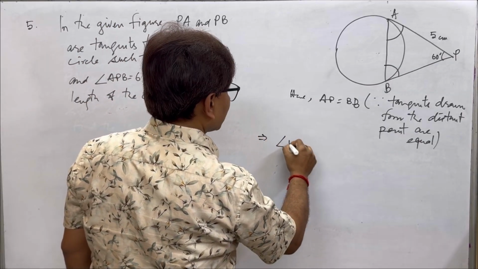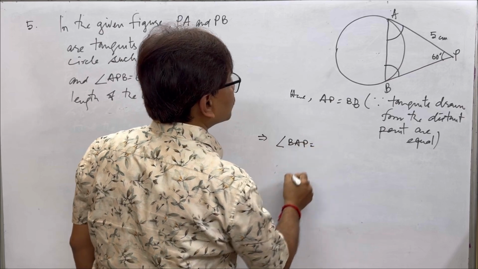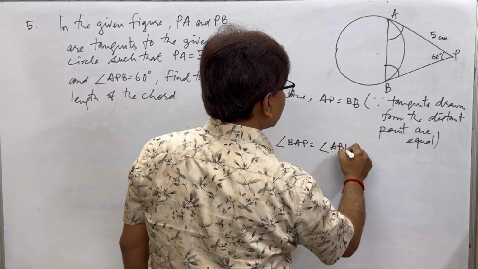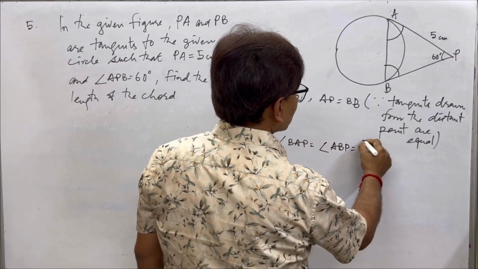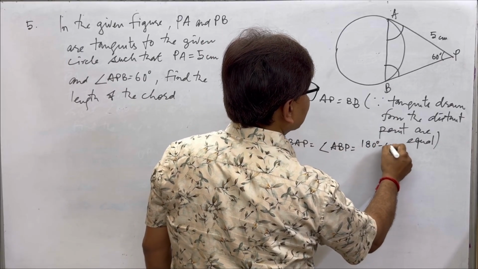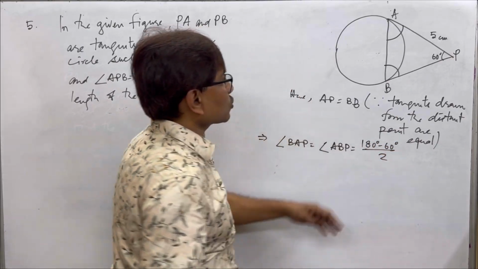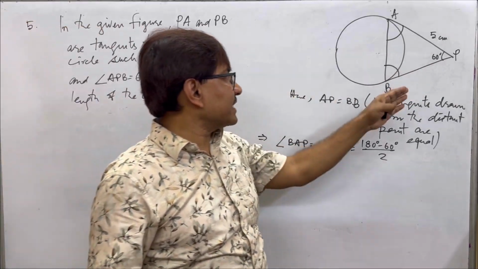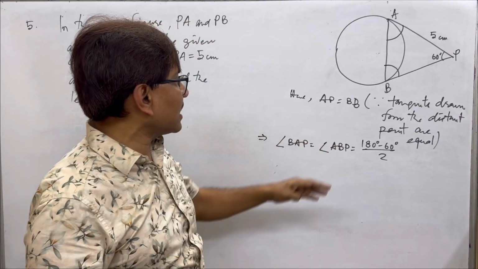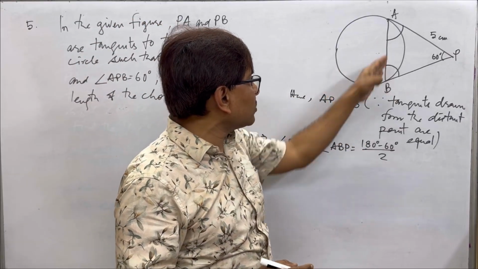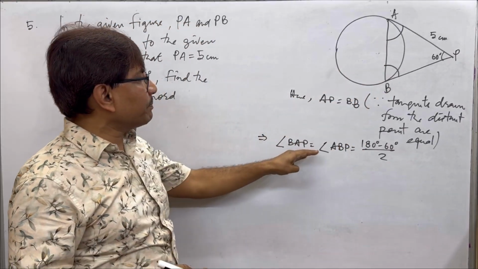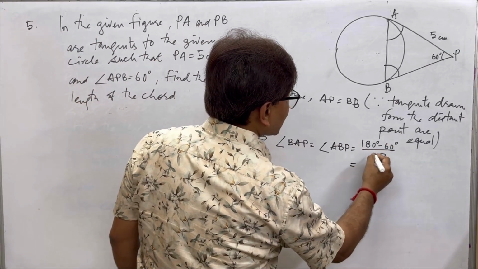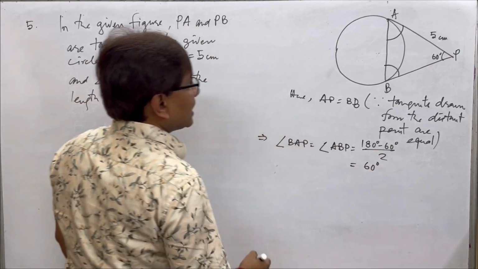So we can tell, therefore, angle BAP equals angle ABP equals 180 degree minus 60 degree divided by 2, because the total sum of the angles of a triangle is 180 degree. Now 180 degree minus 60 degree, whatever the value comes, will be divided into these two angles. Therefore angle BAP equals angle ABP equals 180 degree minus 60 degree by 2, which equals 60 degree only.